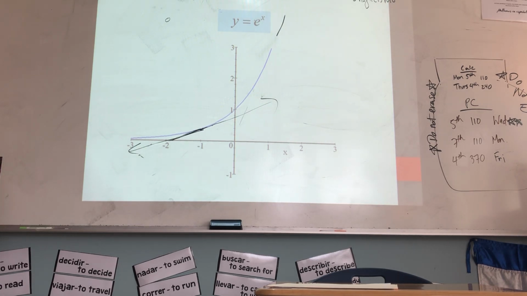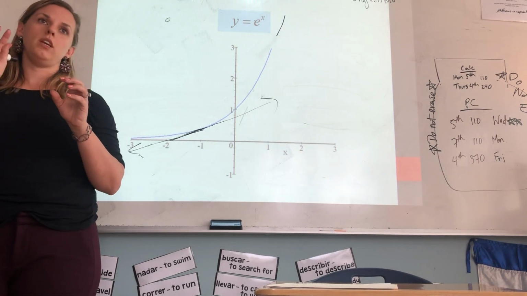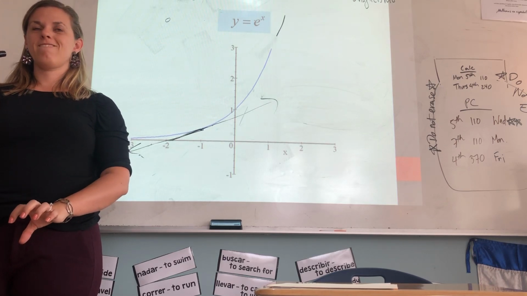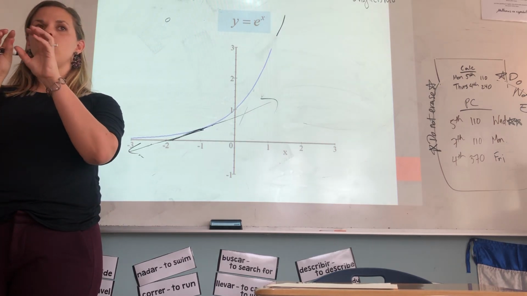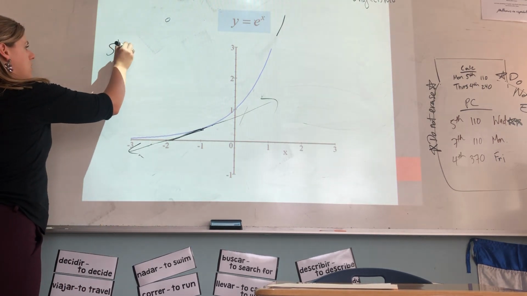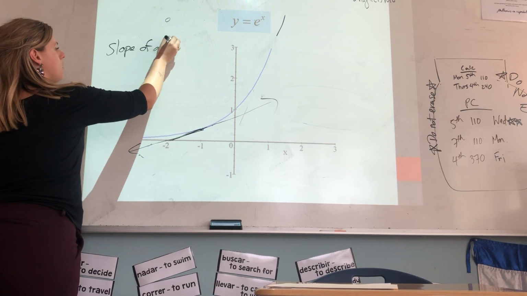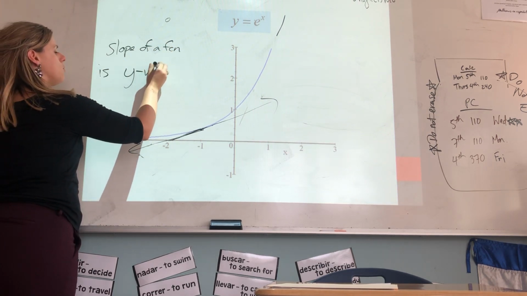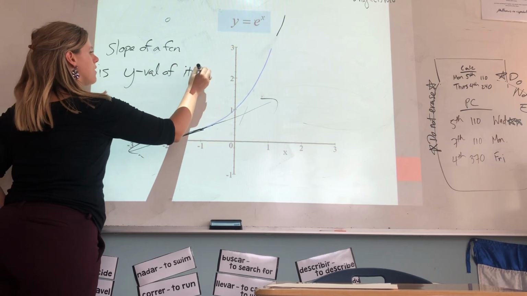Why we keep picking a point? I want to see the relationship between the slope and the y value. Because the slope of a function equals the y value of its derivative.